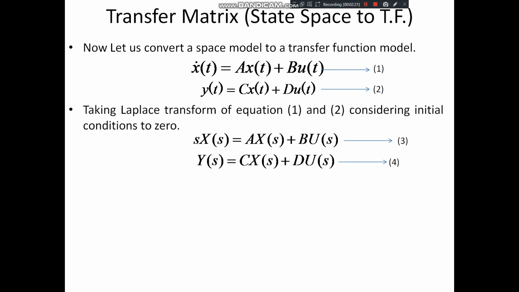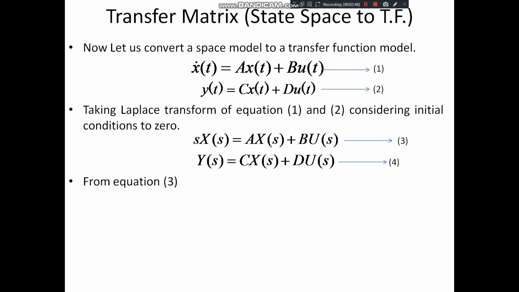Then the Laplace transformation of equation 2 is Y of s is equal to C into X of s plus D into U of s, representing this as equation number 4. So we'll simplify these two equations and get the ratio of the Laplace transform of output to the Laplace transform of input.